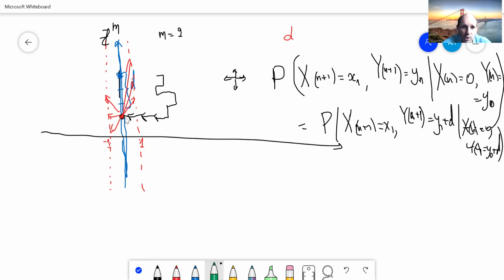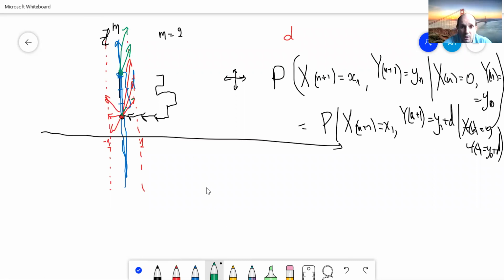So the probability from this point to jump here is the same as the probability from this point to jump here. The probability from this point to jump to this point equals the probability from this point to jump here, and so on and so forth.